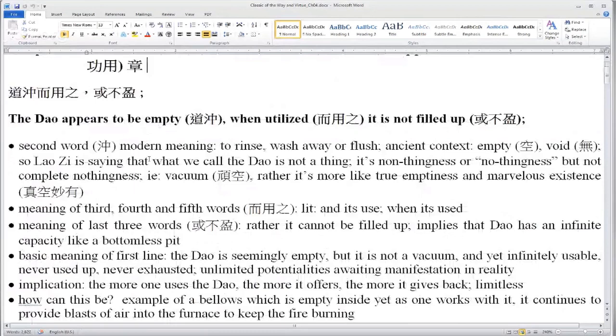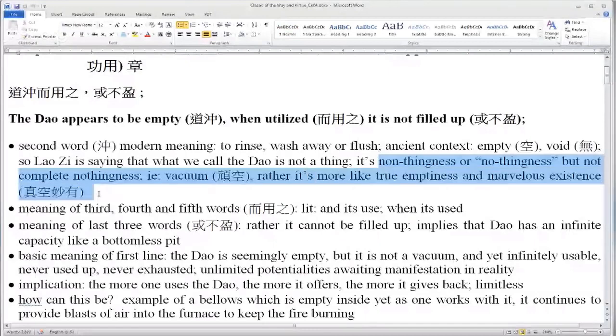So we already talked about the first line, okay? It's basically just to tell you that this Tao appears to have no form. It's non-nothingness, but it's very important. Even though it has no form, you can't see it, you can't actually describe it, really.